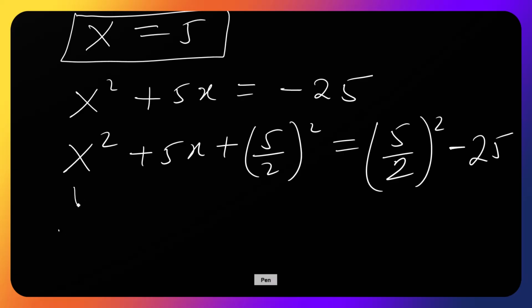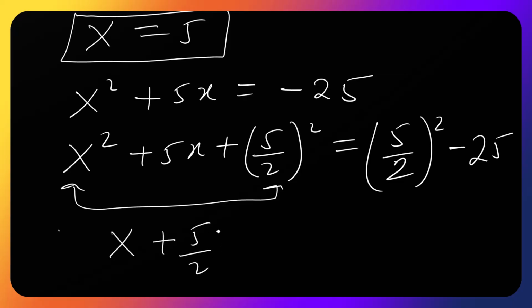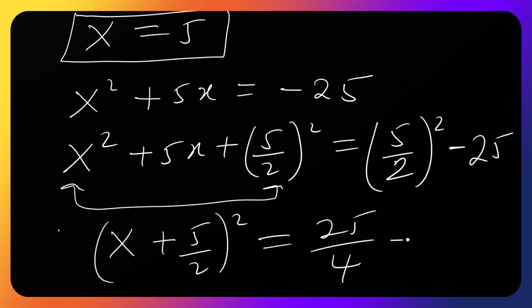Now this side will be a perfect square, so we have x plus 5 on 2, all squared, equals 25 on 4 minus 25. So this 25 will be over 1.